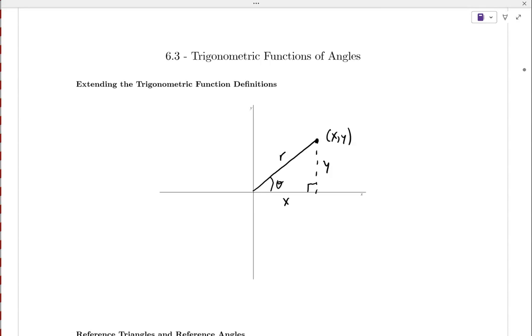Notice that if I have this configuration, then I can define my trig functions of theta using those letters, right? What would sine of theta be in terms of the letters that I put on the triangle? Y over R, right? Opposite over hypotenuse, correct? What would cosine be? X over R, right?